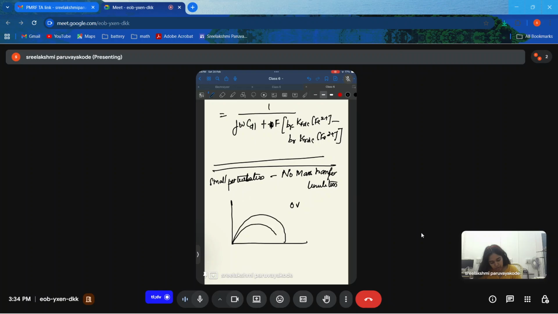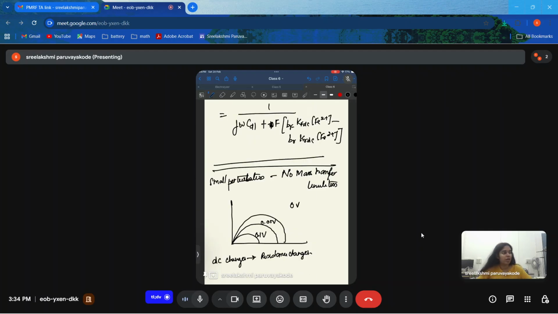Now when the potential increases, the circle diameter becomes smaller and smaller. So when DC is changing, the resistance changes, and the diameter is reducing in this case.